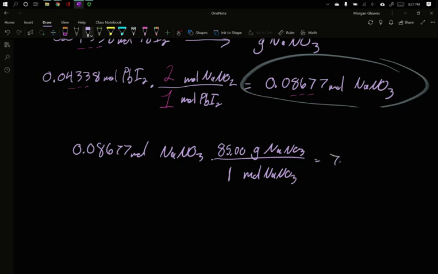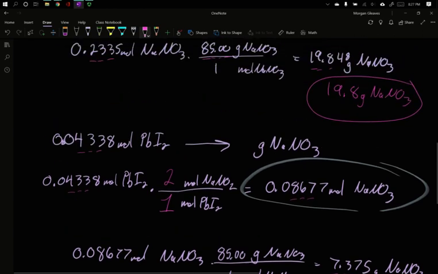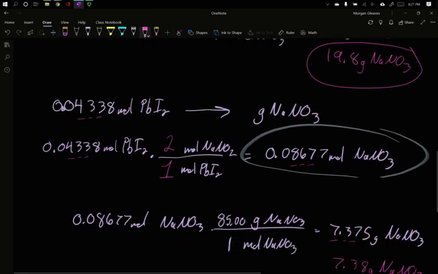This is going to give me 7.375 grams of NaNO3, to 3 sig figs, so 7.38 grams of NaNO3. So this time we made substantially less, 7.4 grams versus almost 20.